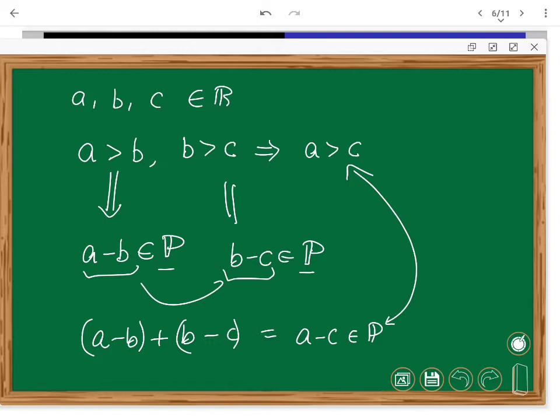So the next question is how the additive structure is behaving with order. How to answer that question? Suppose A is greater than B, A and B are real numbers, and C is any other real number. Then can you compare A plus C and B plus C?